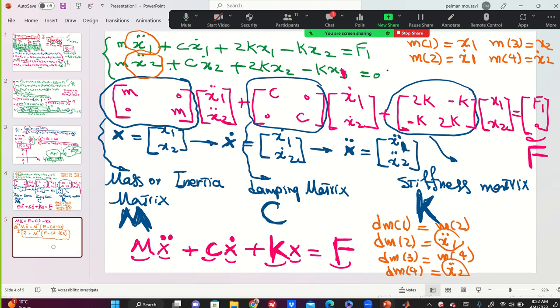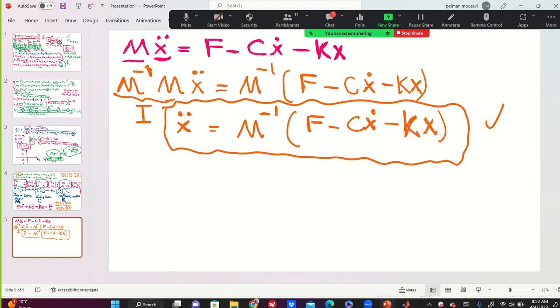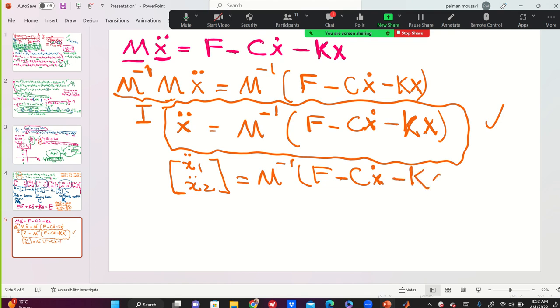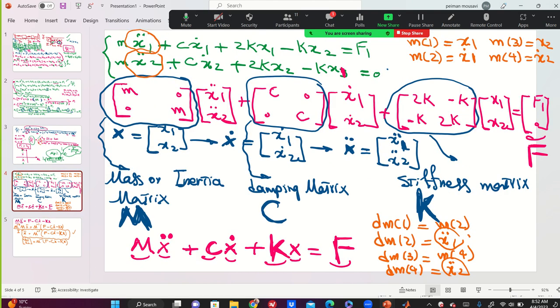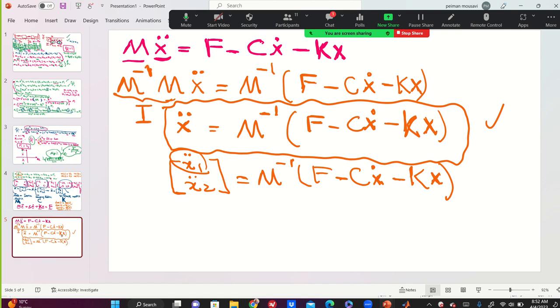Actually we did. Bingo. Because look at here guys, X double dot 1, X double dot 2 equals M inverse times F minus C X dot minus K X.